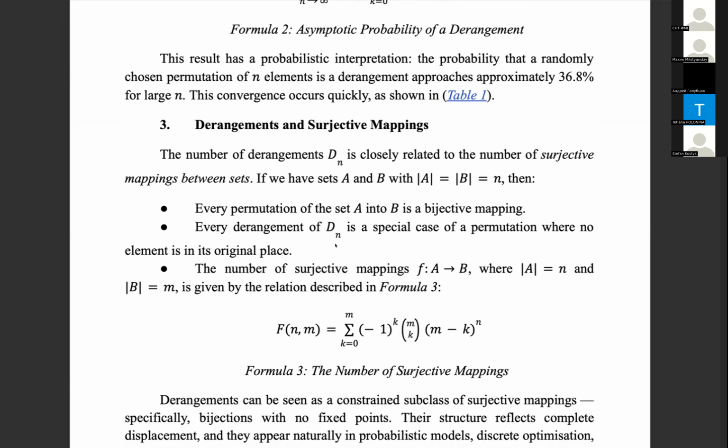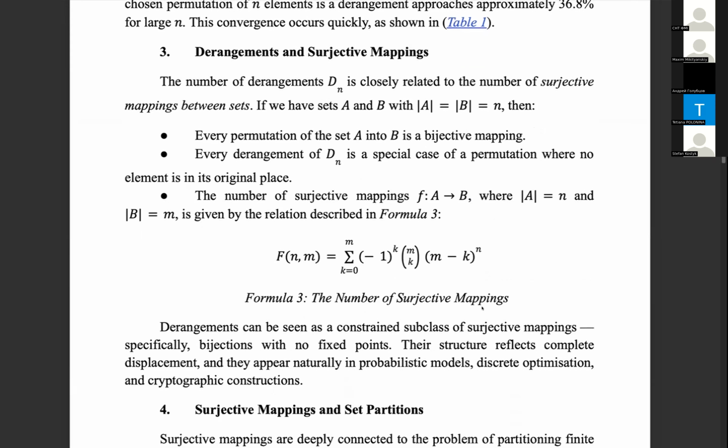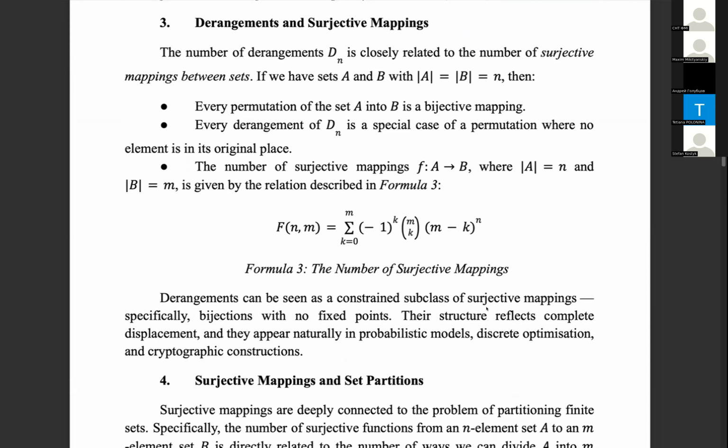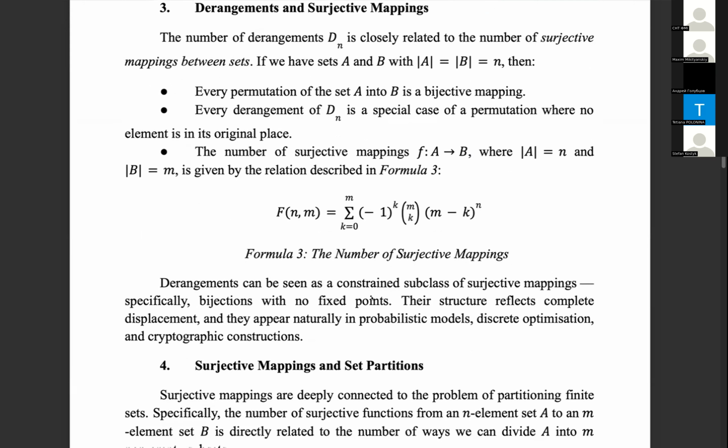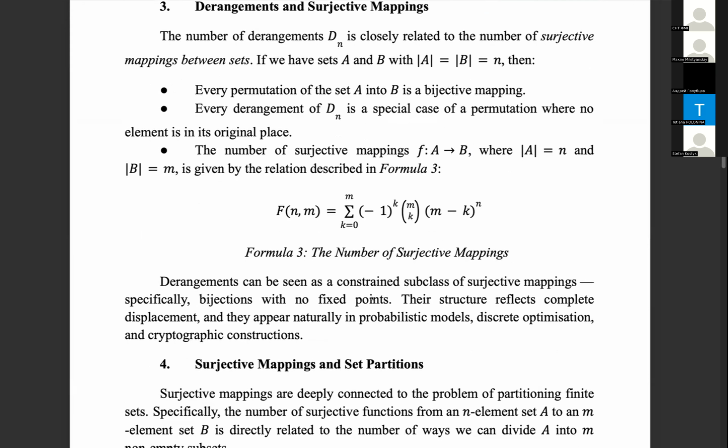The number of surjective functions from A to B, that is, mappings where every element in B has a pre-image in A, is given by that formula. This is a beautiful use of inclusion-exclusion, and it shows how surjective functions count certain kinds of partitions. Thus, derangements are a special case of surjections. They are bijections where no element maps to itself. We can think of them as fully displaced surjections.